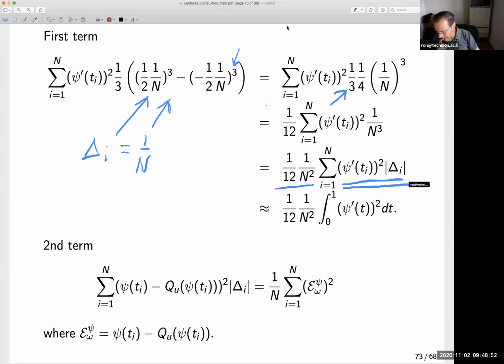Now, what we have here is a summation over some values, and these values multiply something that looks like dt. So if I go back from the discretization into the continuum, what we see is that we have some factor that multiplies integration over the square derivative of the function. So the first term basically measures the amount of energy of the derivative of the signal.